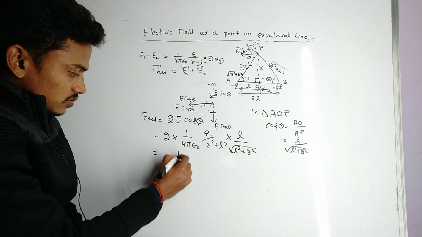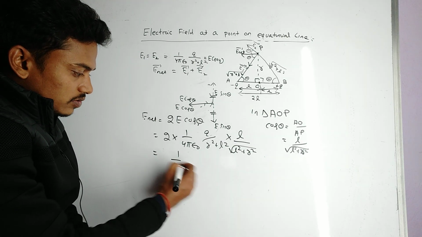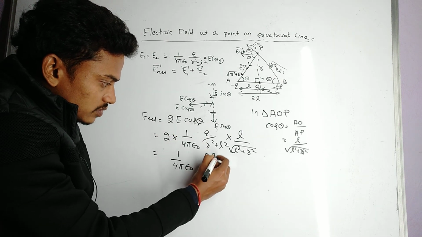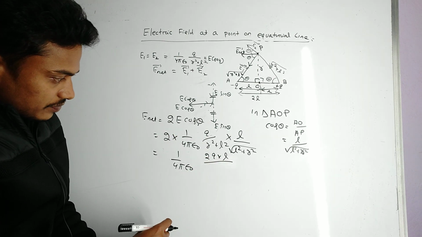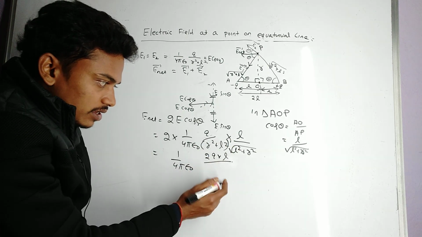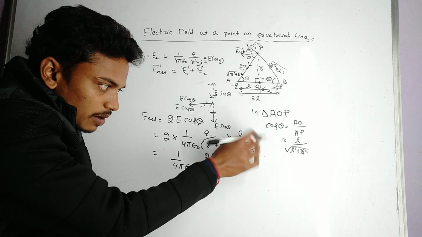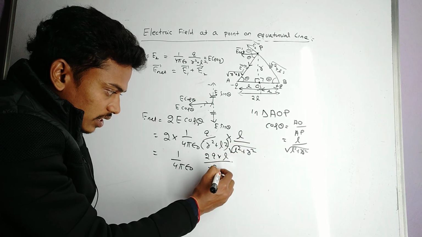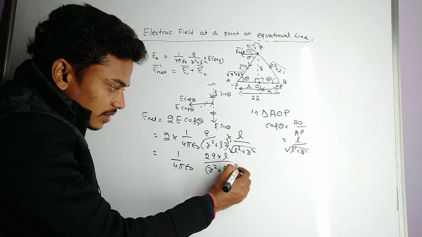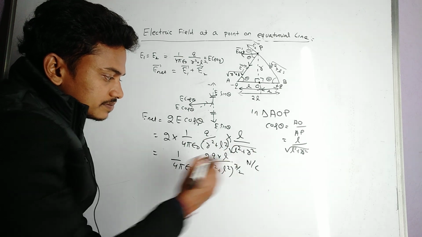So this is 1 by 4 pi epsilon naught and 2 times q into L by R square plus L square to the power 1 into R square plus L square to the power 1 by 2. So this will be R square plus L square to the power 3 by 2 Newton per coulomb.